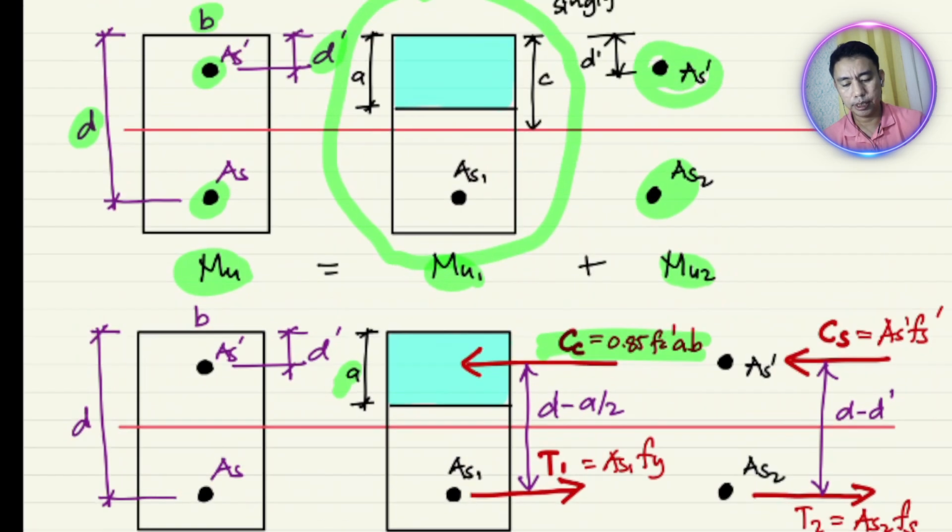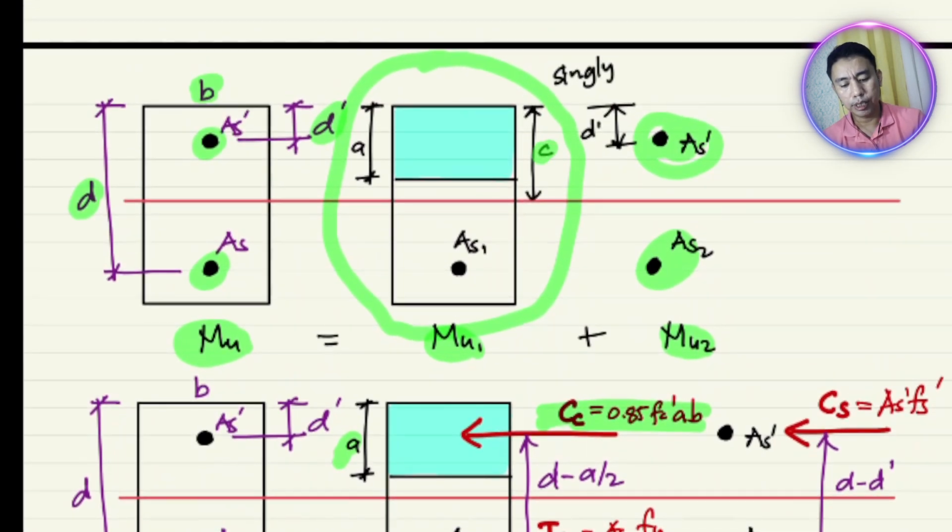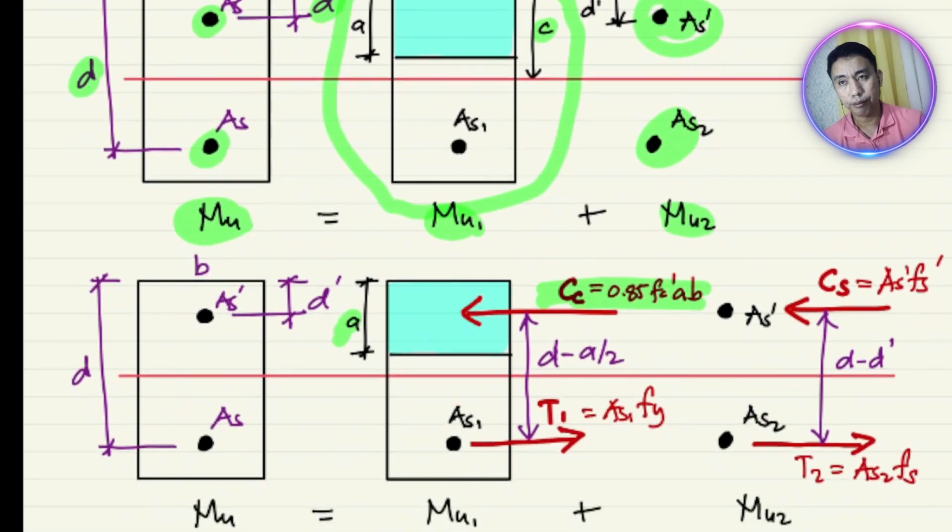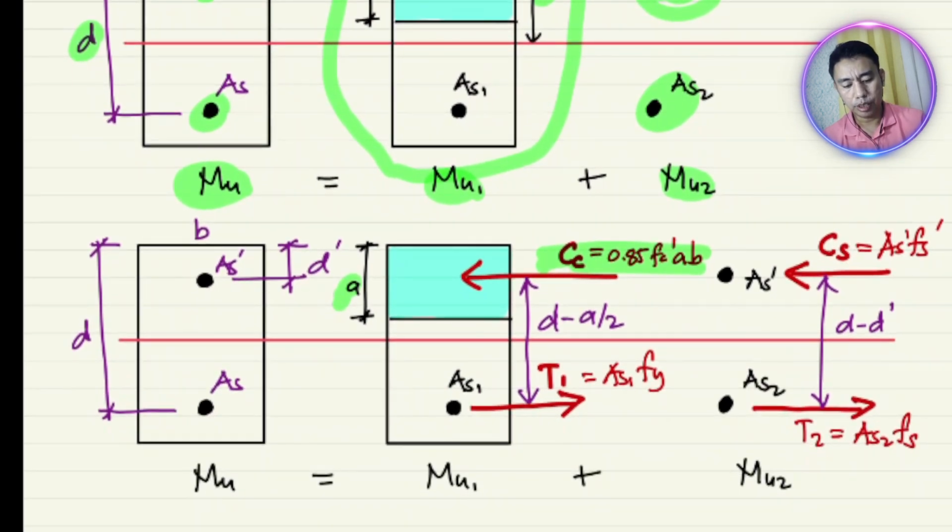Where c is itong c, ito yung distance from the top fiber to the neutral axis. Okay, so they have a distance of d minus a over 2, and then the tension steel, remember in singly reinforced we have AsFy. So in tension steel here we have As1 Fy. So ito yung first couple, 0.85 f'c ab and then As1 Fy.